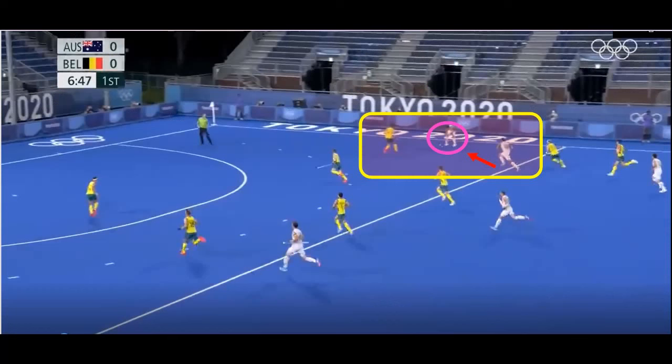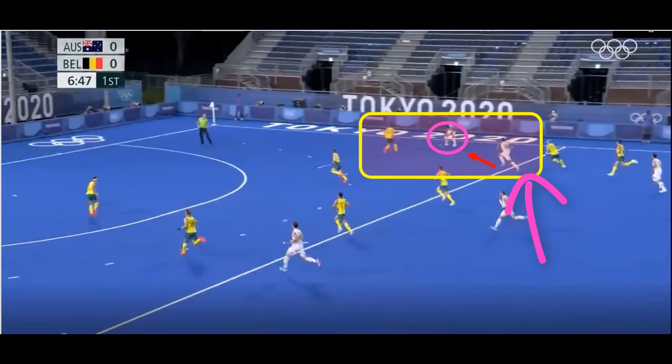Now I'd like to draw your attention to the final match between Belgium and Australia men at the 2020 Tokyo Olympic Games. Here in this game situation, the Belgium right half ran with the ball about 25 meters and passed the ball to the right winger, which was mistrapped because the ball was bouncing.